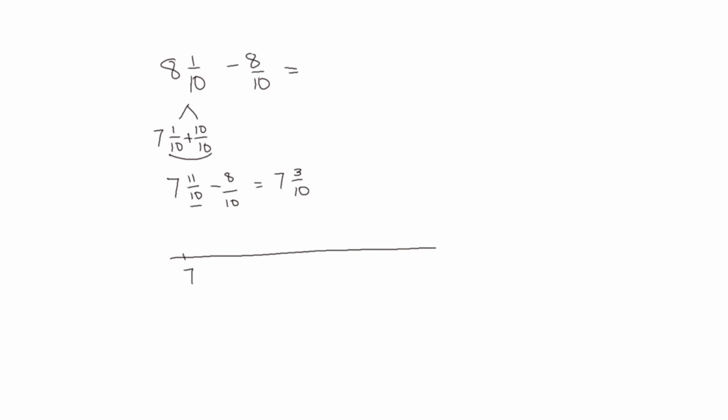We have to be able to show 7 and 11/10 and up to 8 and 1/10. So we're going to have our number line go to 9 and we're going to divide into tenths. So if we start with 8 and 1/10 as we've rewritten it to 7 and 11/10, those two are equivalent.